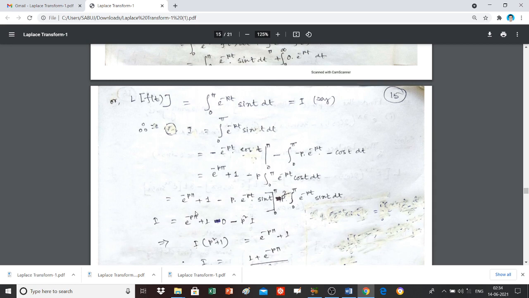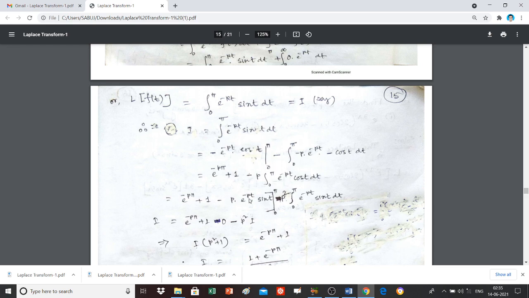Now these two terms are here, then minus p, then integrate this using the method of integration by parts. First e to the minus pt should be taken as constant, this p is here, e to the minus pt, then integration of cos t is equal to sin t, limits 0 to pi. Then minus, and this p is here, and differentiation of e to the minus pt.